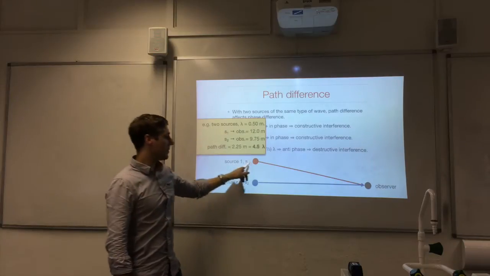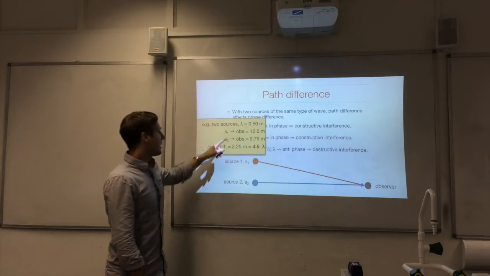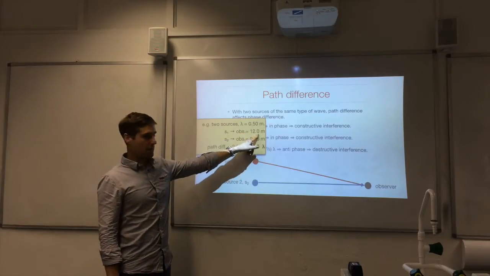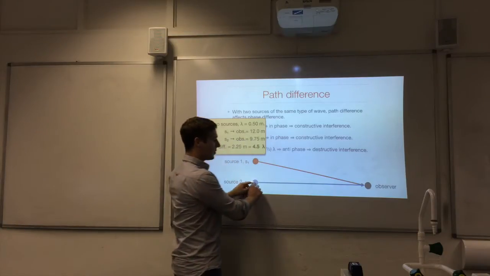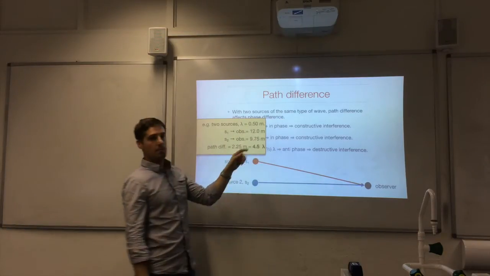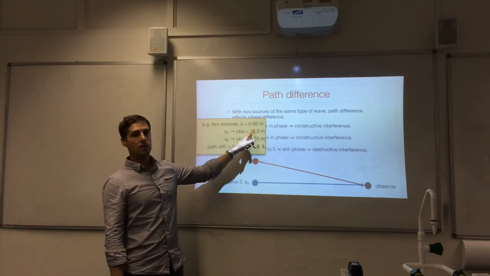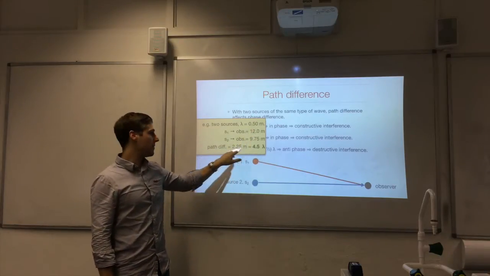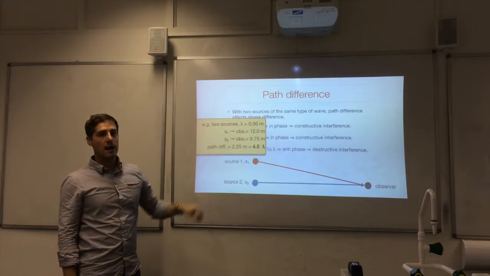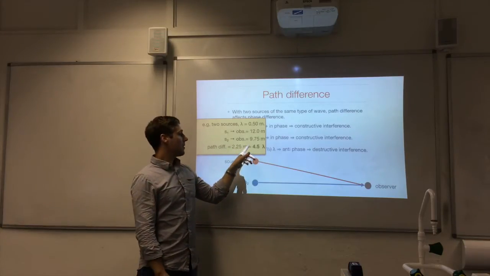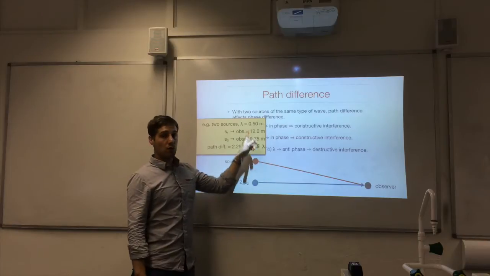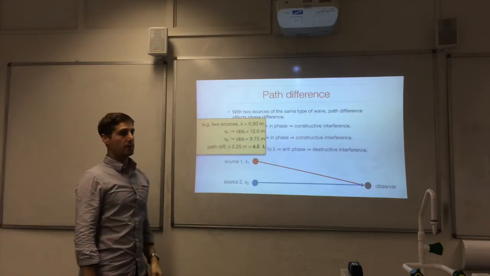Now if S1 to the observer, that distance there, is 12.0 meters, and S2 to the observer is 9.75 meters, then the path difference is 12 minus 9.75, which equals 2.25 meters. And 2.25 meters is 4.5 times my wavelength.